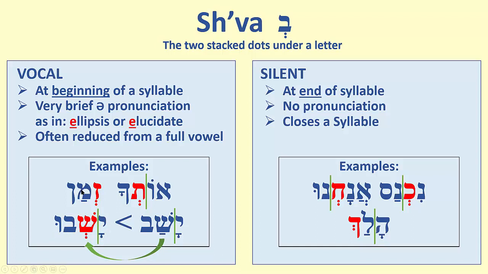Up here we have two other examples of vocal schwa. Here we have a zayin with a vocal schwa because it shows up at the beginning of the word. Remember that a vocal schwa starts a syllable. Well, if zayin is showing up at the beginning of the word, then it definitely has to be starting the syllable.